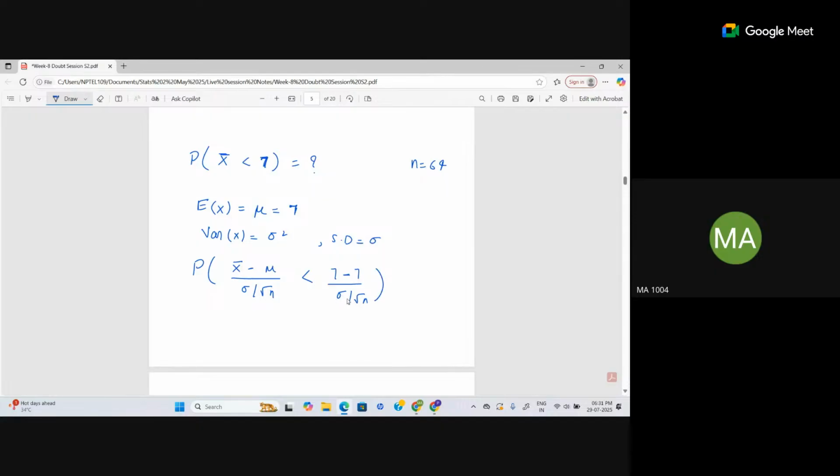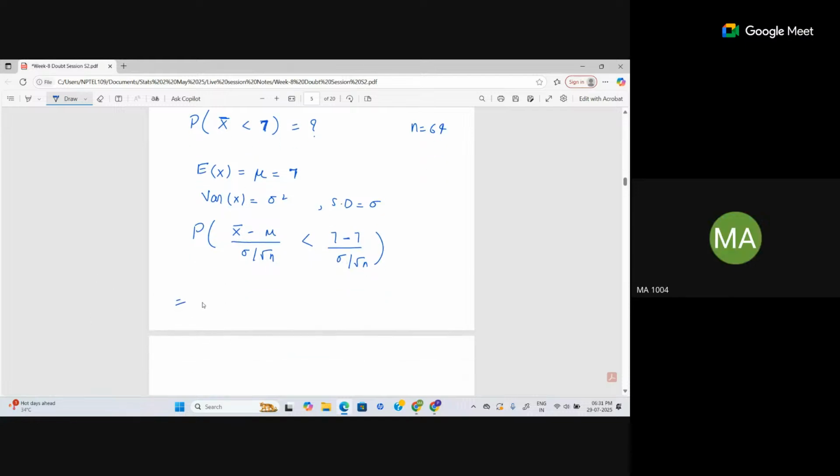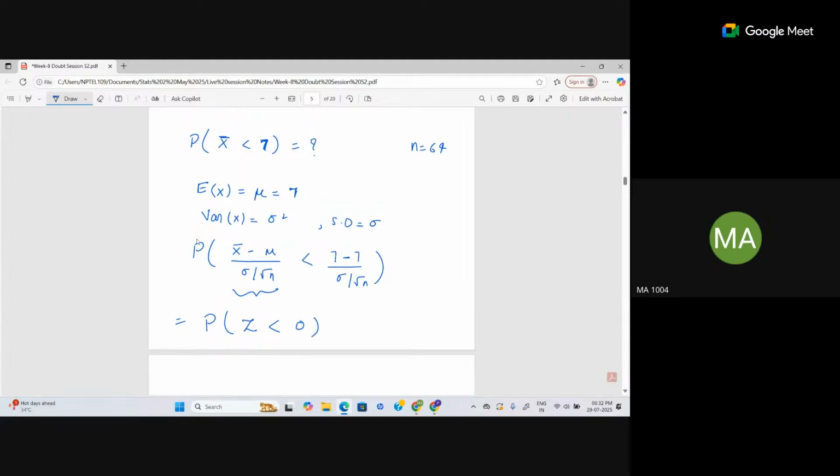Is this clear to everyone? Yes, ma'am. Okay. So this quantity has become a standard normal variable, which is z, and this value will be 0. If you want to calculate the value of sigma you can, but you don't need to here because this is 7 minus 7, so it is going to be 0.